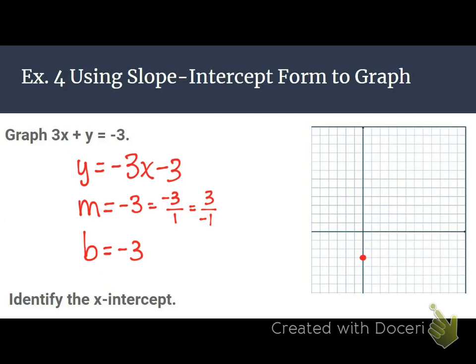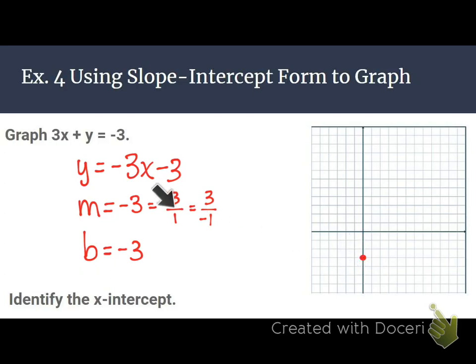Now you can choose if you want to make your rise the negative number, or if you want to make the run the negative number, but you only have one negative, so they can't both go negative directions at the same time. If we use negative 3 over 1, then our rise is negative, so where would I go from my starting point?